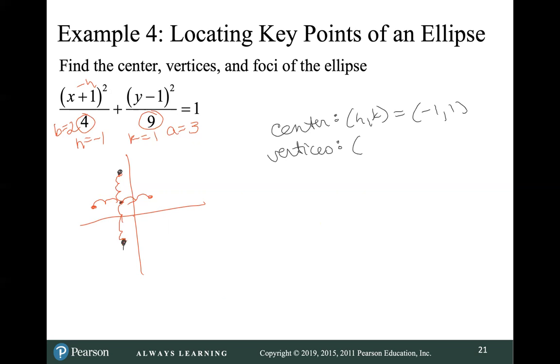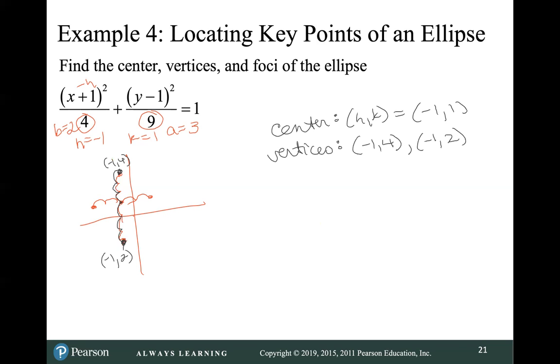So that's going to be (-1, 1), 2, 3, 4, so (-1, 4), and (-1, down 2). You can double check this, the midpoint, the point halfway between those 2 points should be (h, k). So I have (-1, 4) and (-1, -2).